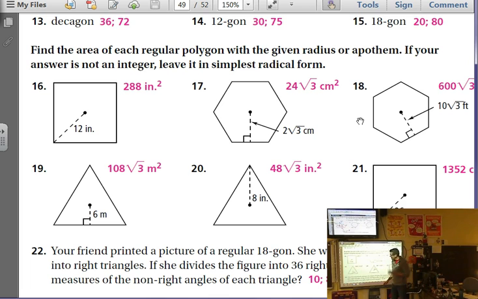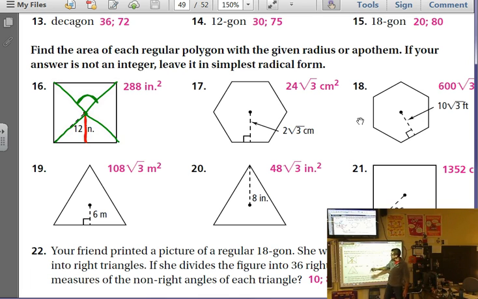So like 16 is a bit more difficult because the apothem here would be that from the center. It's your altitude. So I know that my hypotenuse of my triangle is 12. Now if I use that same method that I can use in any polygon, what's the interior angle at your vertex?